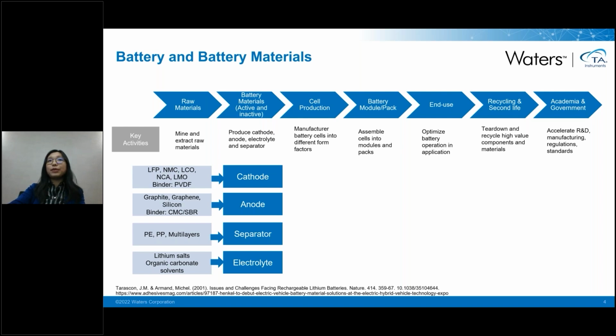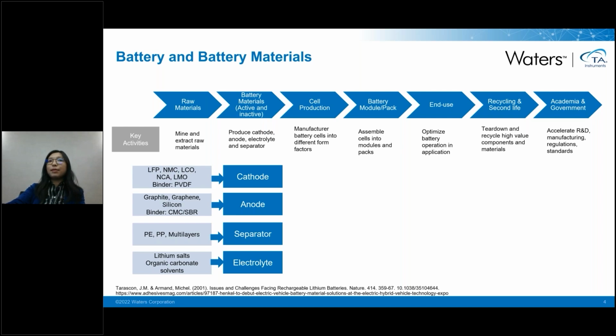And it will combine with a different binder, for example, PVF, PVDF. Anode material typically uses graphite material, graphene, silicon, and it also will be combined with other materials such as CMC and SBR.